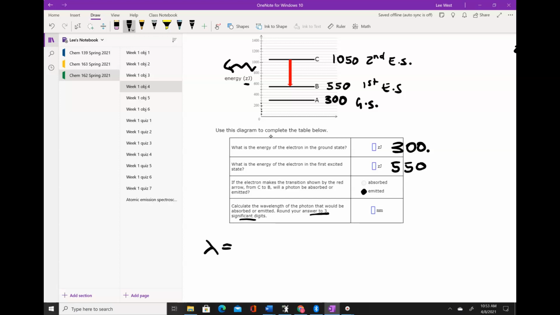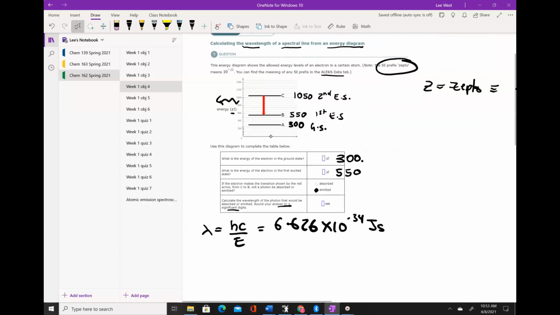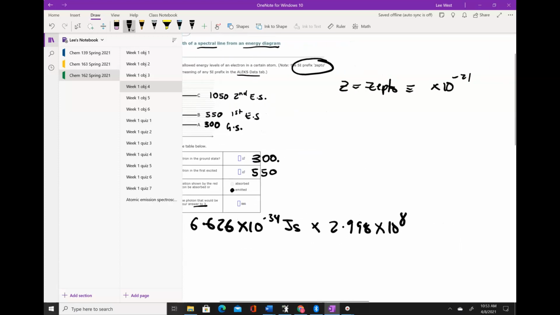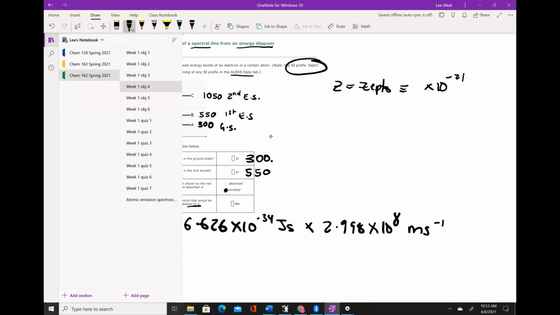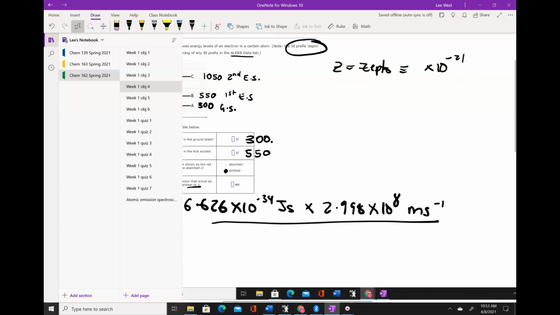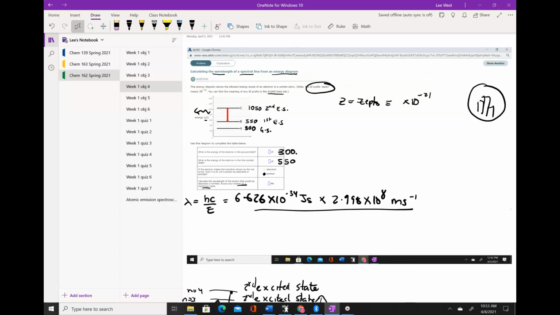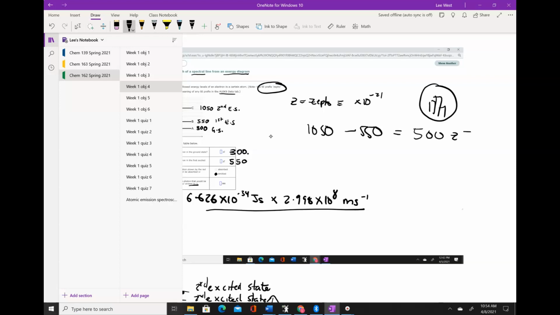So lambda equals hc on E. So 6.626 times 10 to the minus 34 joules seconds times 2.998 by 10 to the 8 meters per second, divided by the energy when it goes from 1050 to 550, so that equates to a loss of 500 zeptojoules.